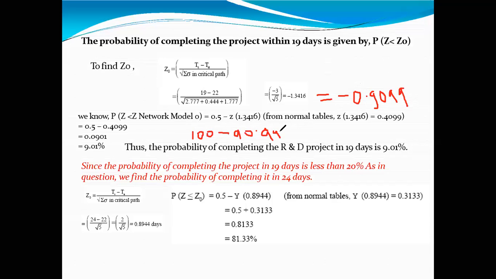So this calculation, 100 minus 90.99, gives the value 9.01%. Means in the coming 19 days, only 9% of the project will get completed.